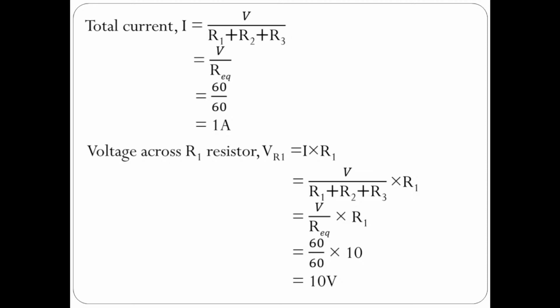So VR1 is equal to I into R1. So what is I? V by R1 plus R2 plus R3, or you can write V by R equivalent, into R1. What is V? 60. R equivalent 60. R1 is 10. So just simplify, you will get 10 volts. Just look at the screen for a few seconds.